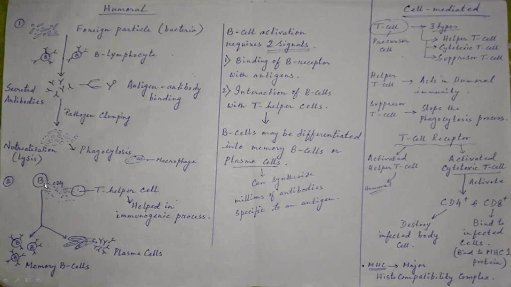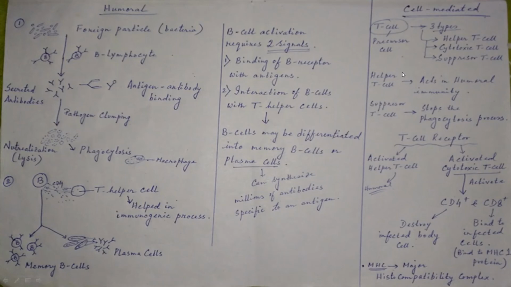And suppressor T cells, what do they do? They stop the phagocytosis process. If this phagocytosis process goes on, then what will happen? All the cells' lysis will occur. So somewhere this process needs to be stopped. So the suppressor T cells are there to stop the phagocytosis process in our body.